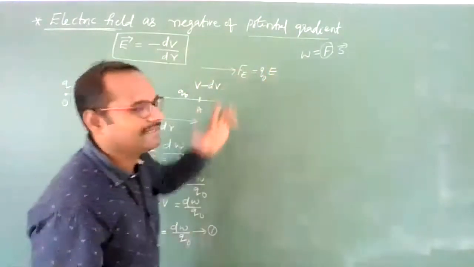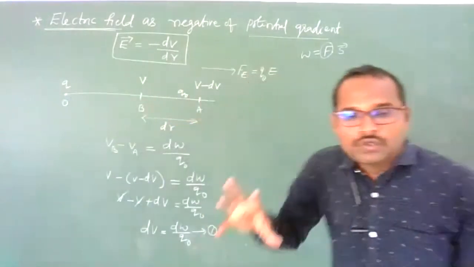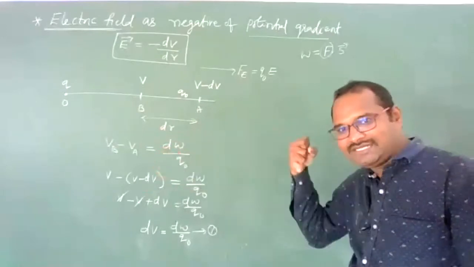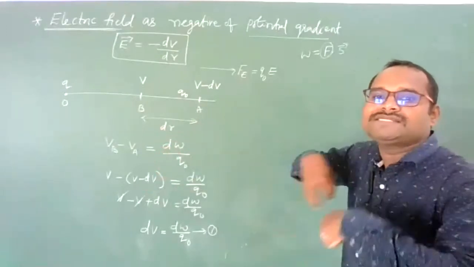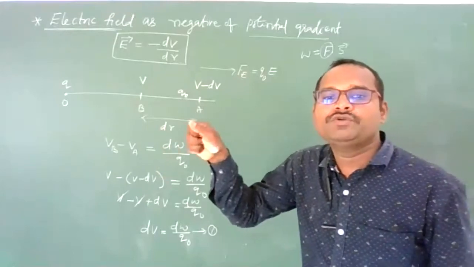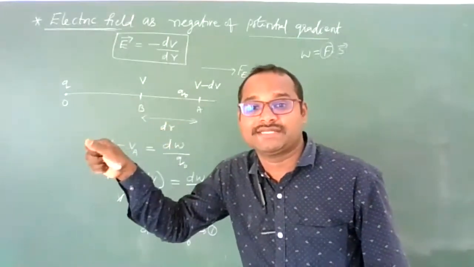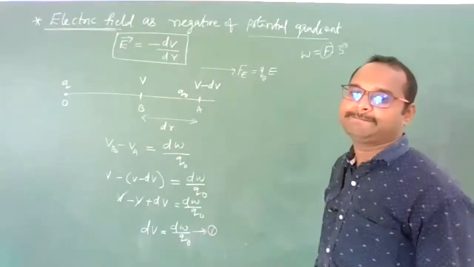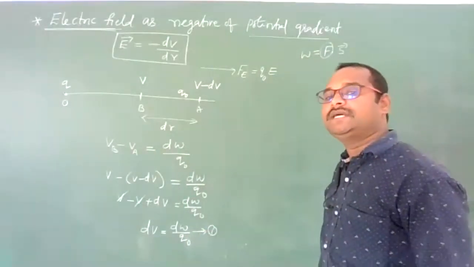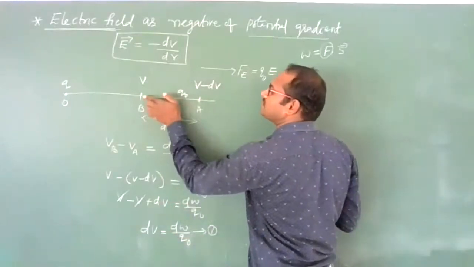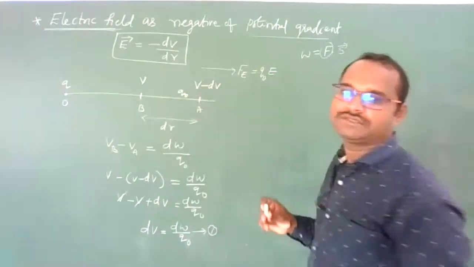Now, to balance this force, so as not to accelerate this charged particle in that direction, we need to apply some external force in the opposite direction, and we need to move it slowly without any acceleration. Means some external force has to be applied, and that force has to move this charge Q naught by a small distance in that direction.